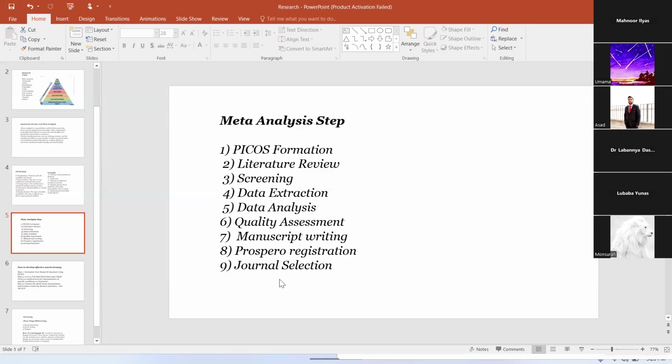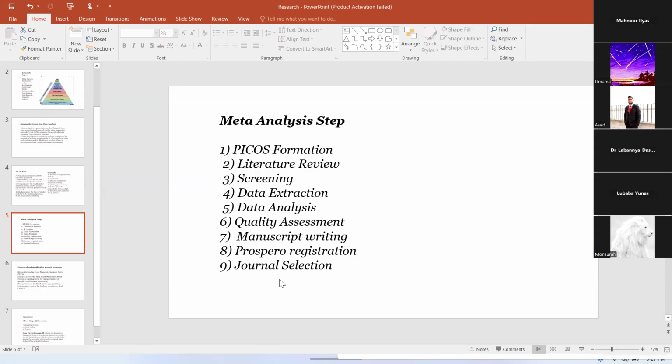So if you encounter any recent RCT, for example, an RCT published yesterday, on 17 July, and I like that topic, I'll search about that topic. I'll search whether any other RCTs or any other cohort studies are present on the same PICO. If yes, then we can do a meta on that topic. So this is the first thing.